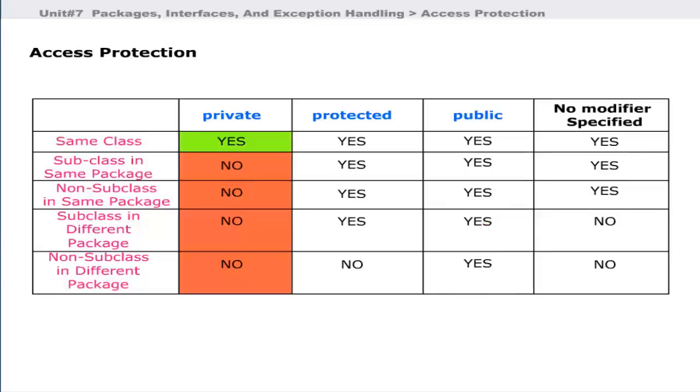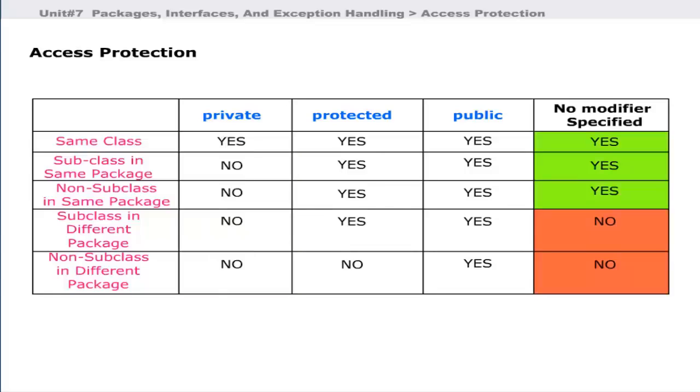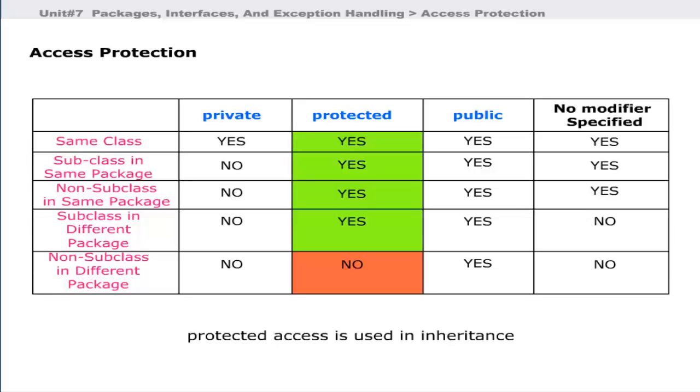Members declared as private are not visible to outside to this class. When member has no access specifier, it is visible to subclasses and other classes inside that package. This is the default access. If you want to allow a member to be available to the classes that inherit a class, you have to declare it as protected.